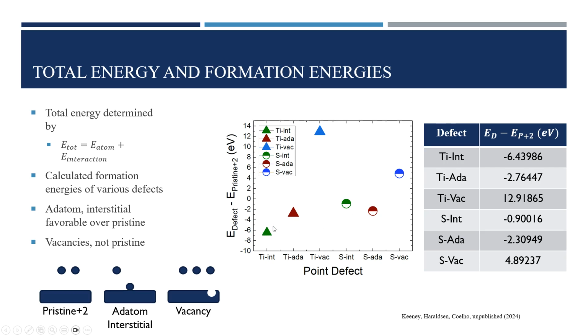And so titanium interstitial is by far the most likely. You'll also notice that the vacancies, so the titanium vacancy and the sulfur vacancy, are both positive values. And as such, you wouldn't necessarily expect them to exist too often, which we will cover a little bit more with the experimental slide.